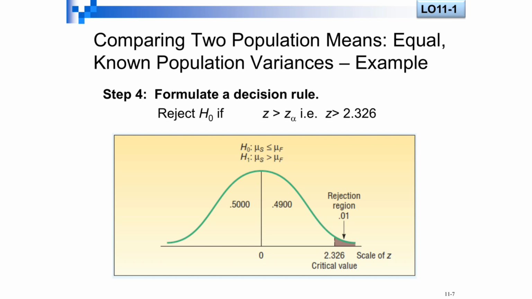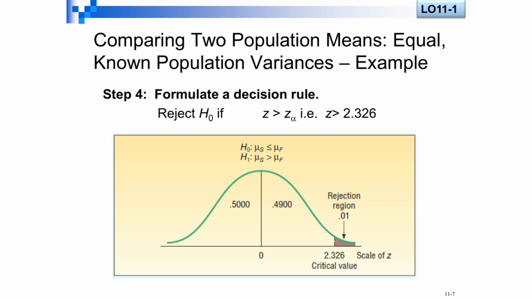So you know how we decide, right? There are two criteria. The first one is, based on the significance level, you get the value from the z table. The second one is you use the formula to calculate the value.